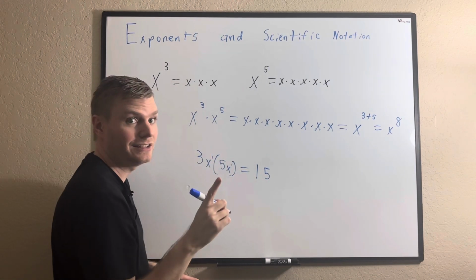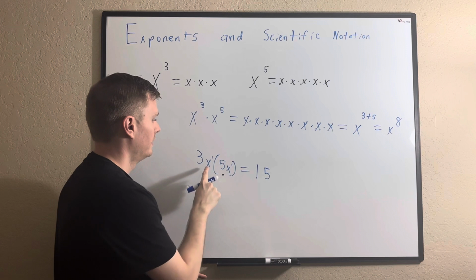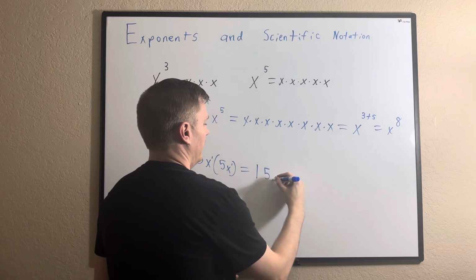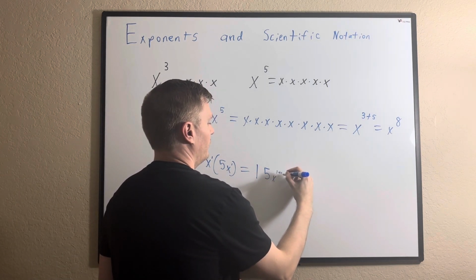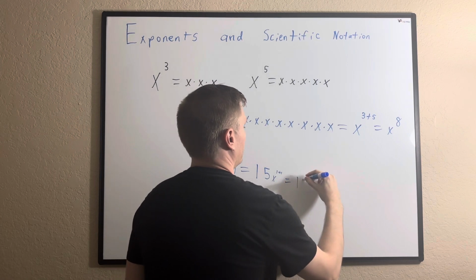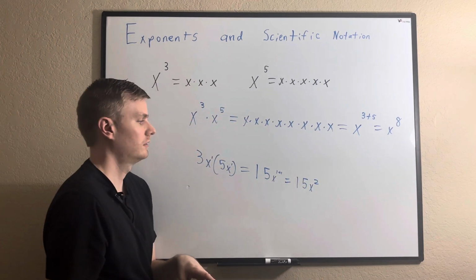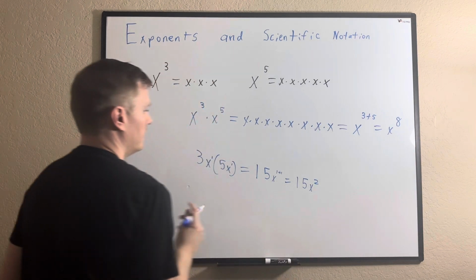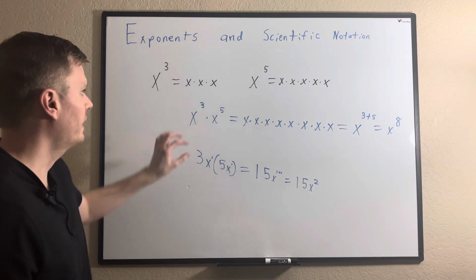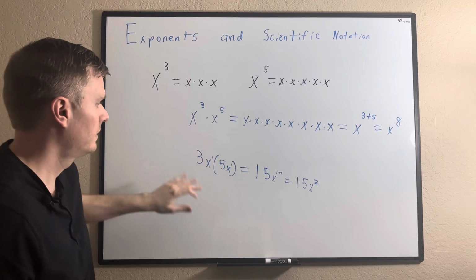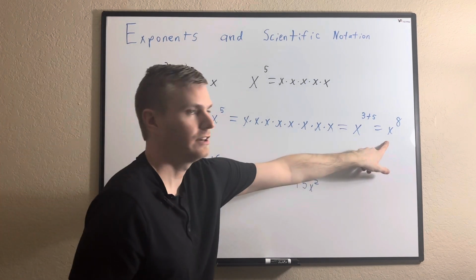See, everything has an exponent. So you'd actually have x to the 1 plus 1. So your answer is 15x squared. Try not to get those two confused. Completely different answer.